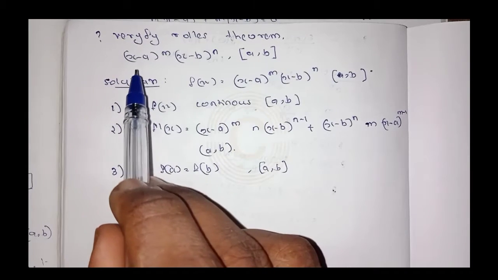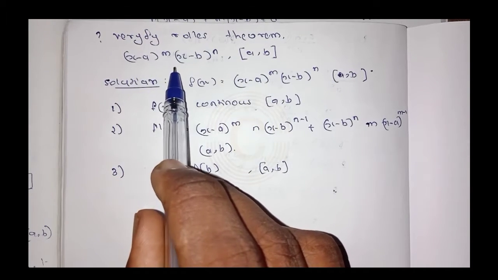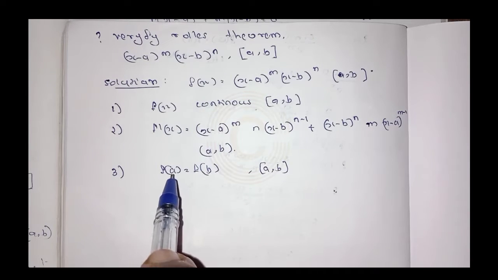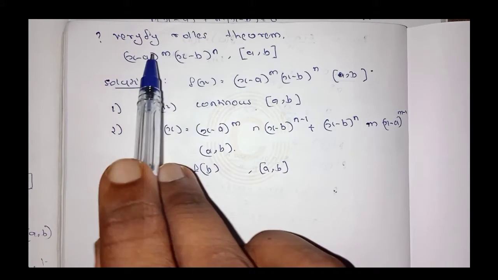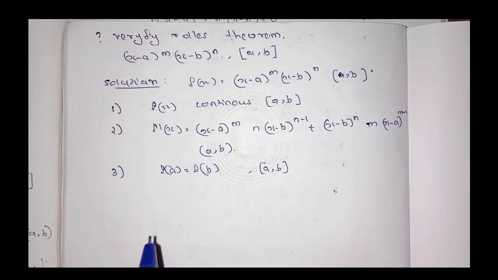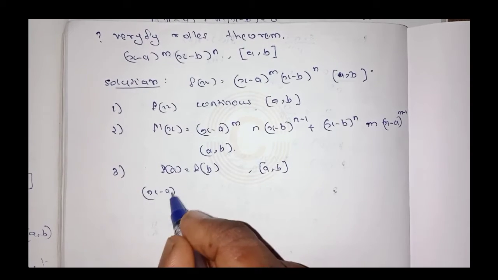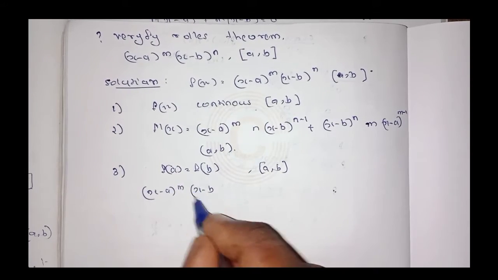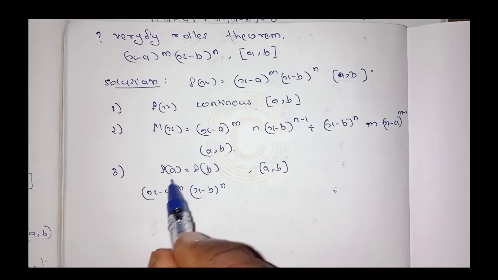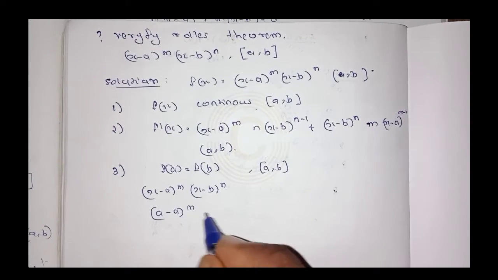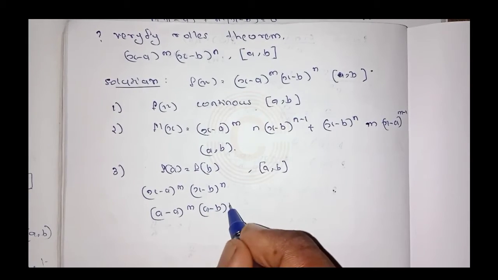The given function is (x minus a) raised to m into (x minus b) raised to n. By substituting the values of a and b in the function, we get the solution. When finding f of a, we replace x by a, that is (a minus a) raised to m into (a minus b) raised to n.